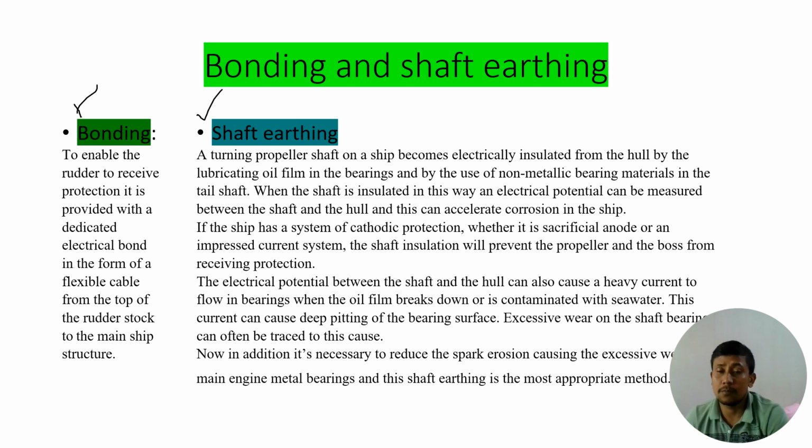If this millivolt meter is showing more than 50 millivolt, that means your slip rings and brushes need cleaning, or your shaft earthing device needs overhauling. If the millivolt meter shows 0 when the shaft is running, that means you have a faulty millivolt meter. You need to repair this millivolt meter, right?